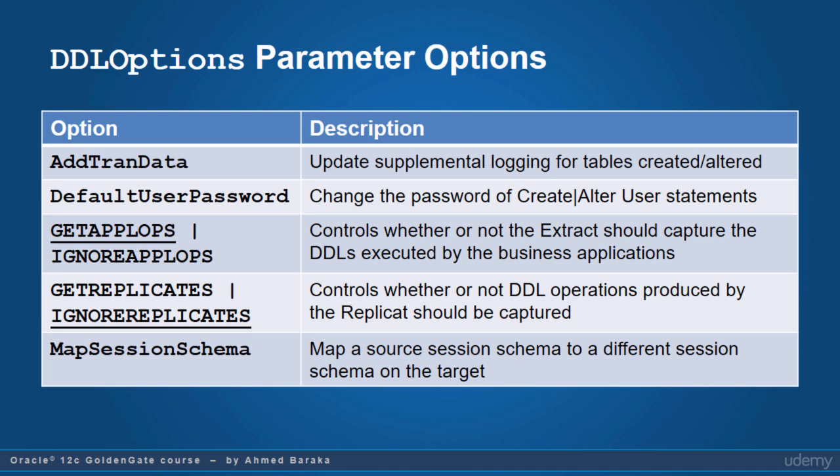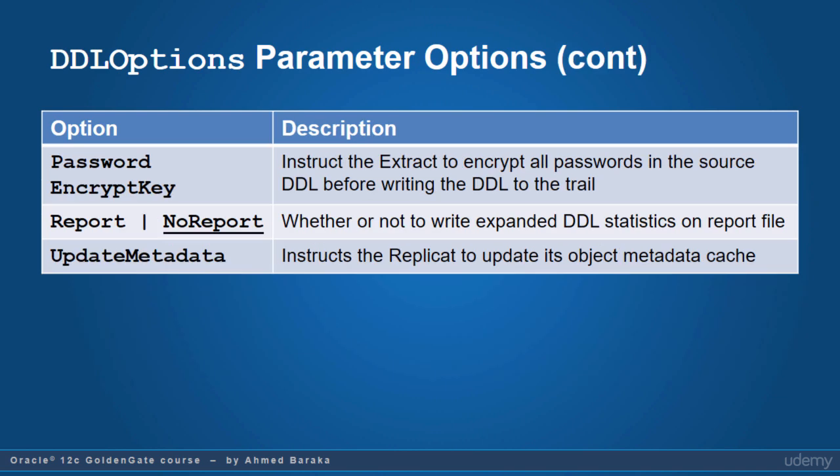Map session schema is used to set source target mapping for session schemas. It is used for objects whose schemas are not qualified in the DDL. The password encrypt key option instructs the extract to encrypt all passwords in the source DDL before writing the DDL to the trail.